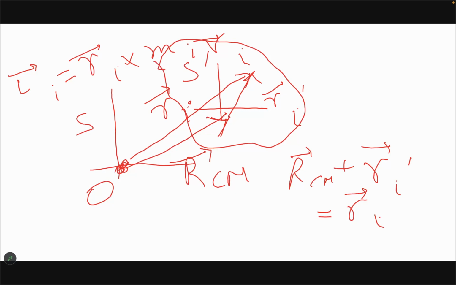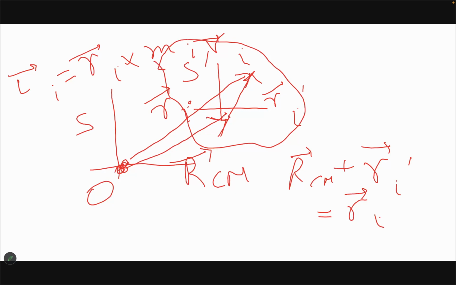Fine? Yes, sir. Okay. Expand and see for yourself what you're getting. So you get summation of m_i times (r_i minus R_CM) is equal to 0.